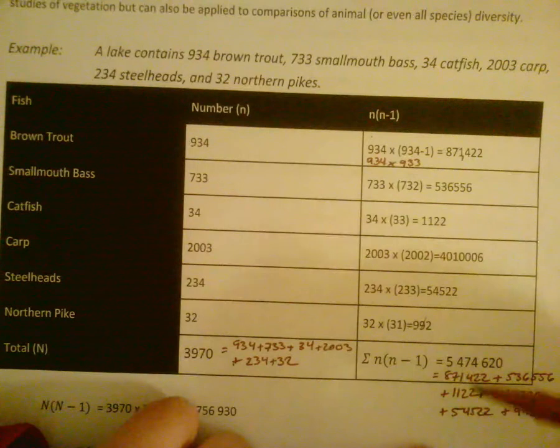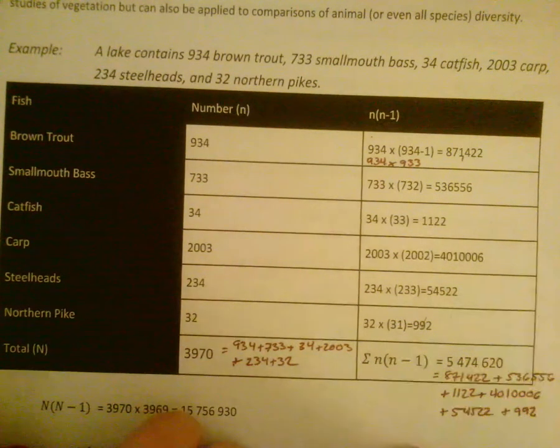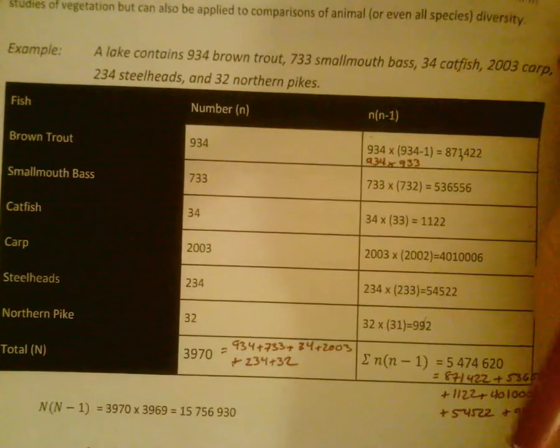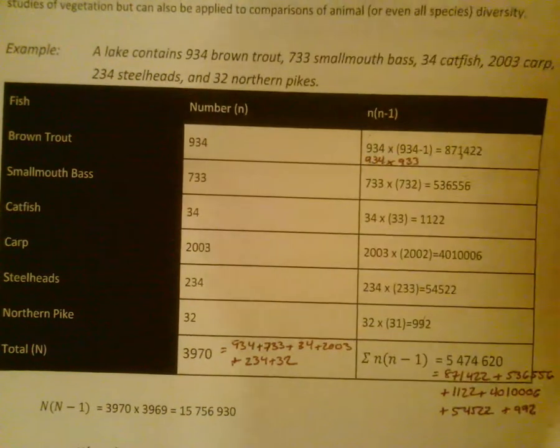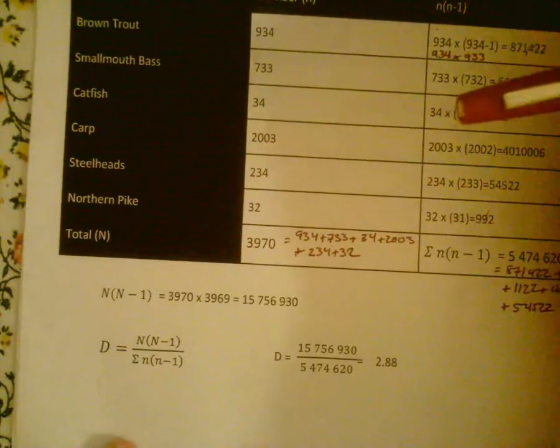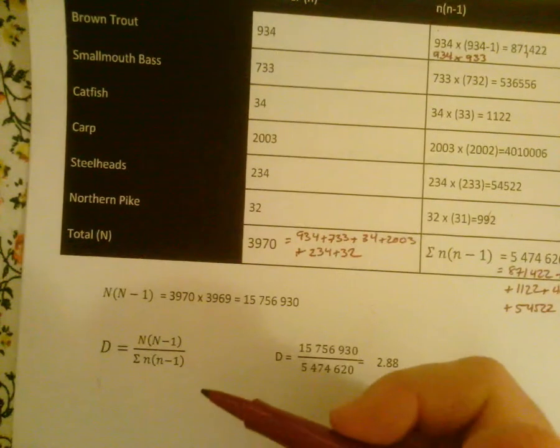So now once they add them together, they're saying that this is their final result. So they have 5,474,620. Okay, done. So now that they have that information, they already have their denominator. So all we need to figure out is what's in the numerator for this problem.